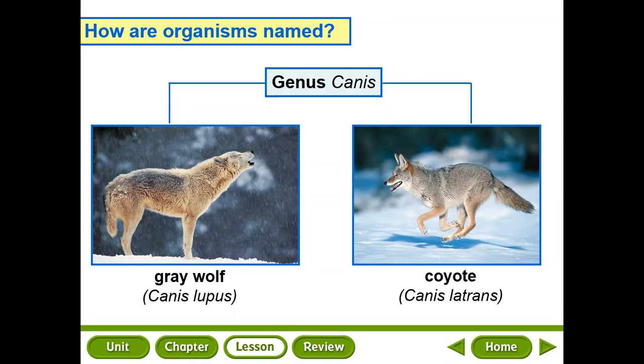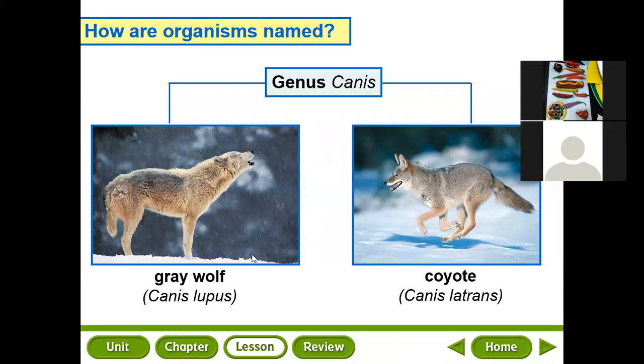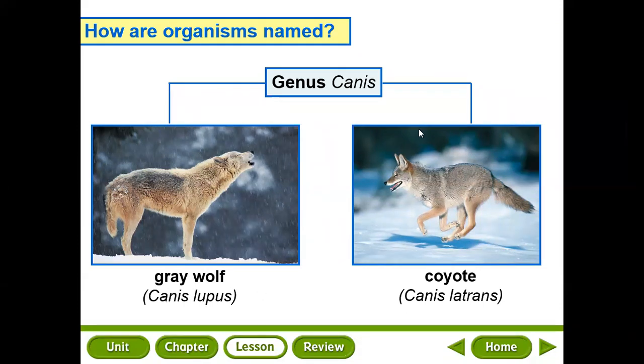Gray wolves are Canis lupus. Here, you can see it in this photo. Gray wolf. Gray wolves are Canis lupus. Coyotes are Canis latrans. They are different.